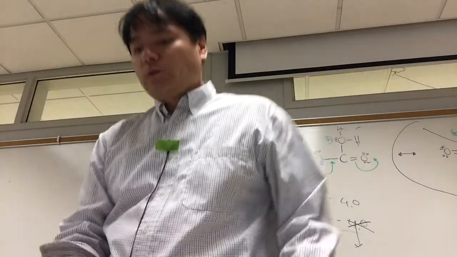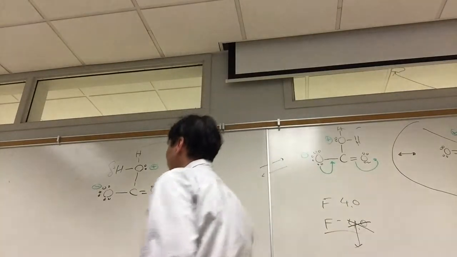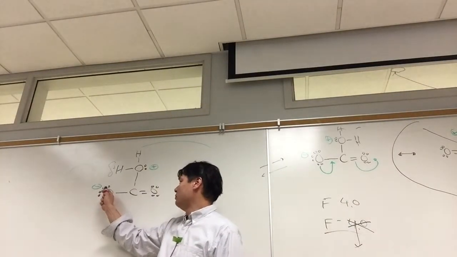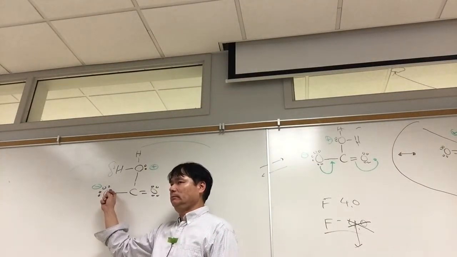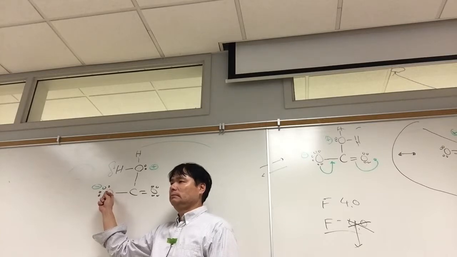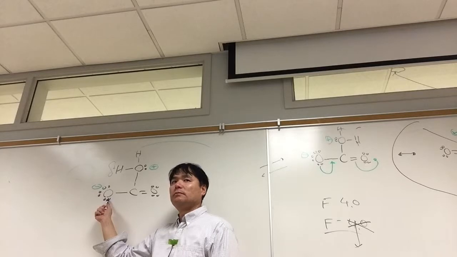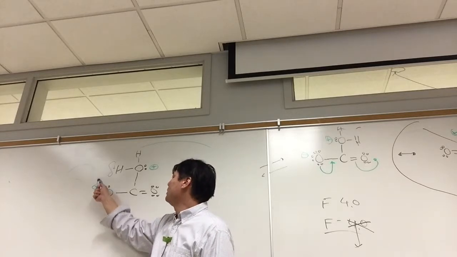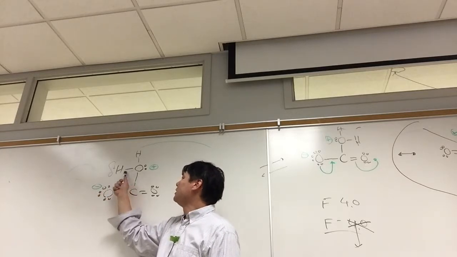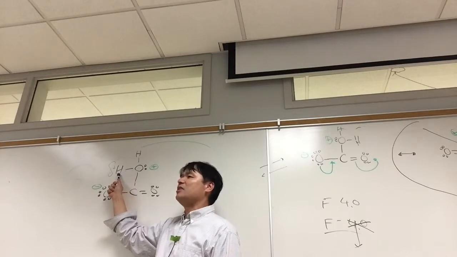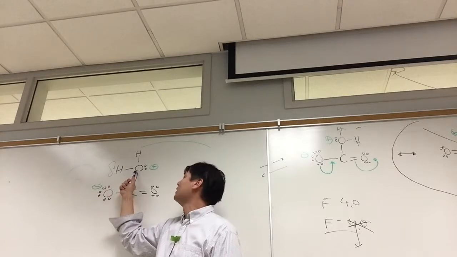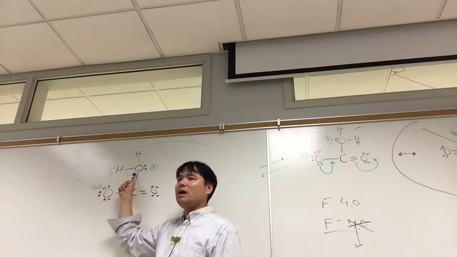And so what we have here is this. This lone pair is in what orbital? Well, what's the hybridization of this oxygen? sp3. So we have an sp3 lone pair, and this bond is the s on hydrogen overlapping with an sp3 on oxygen.